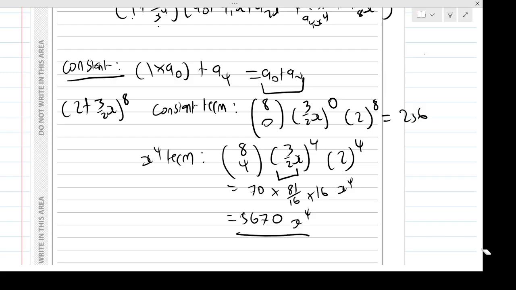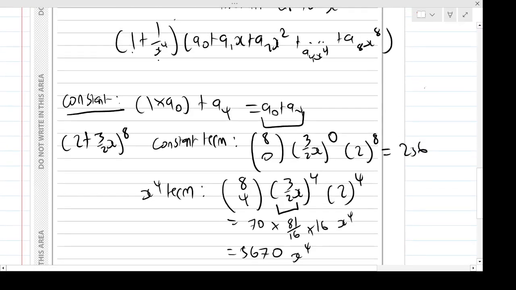So that means then that the overall constant term from this double bracket here, as we discussed, is going to be the a0, so that's the constant part, and the x to the 4 part, right, a4.